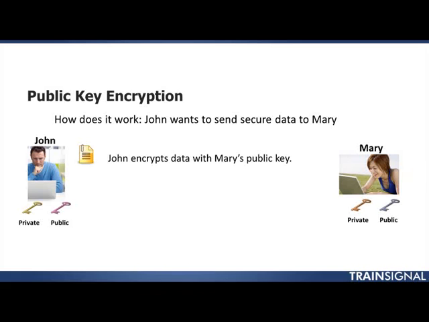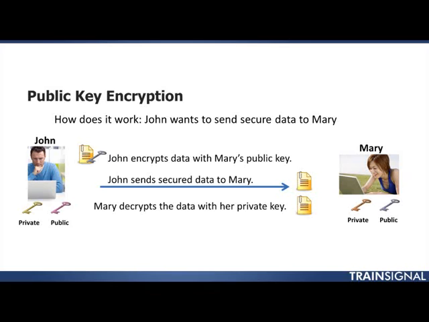So if he encrypts it with Mary's public key, takes that encrypted data and sends it over to Mary, what key can then be used to decrypt it? The answer is Mary's private key. Even that same public key that was originally used to encrypt cannot be used to decrypt. You have to switch now to the private key. So Mary will then take her private key and decrypt the data so that she can read it.